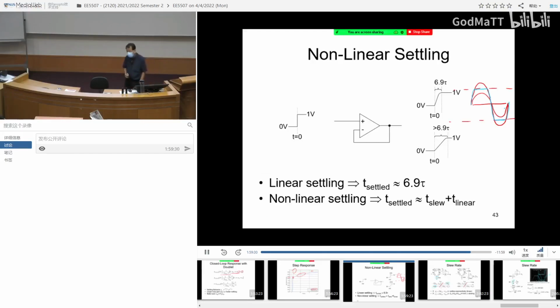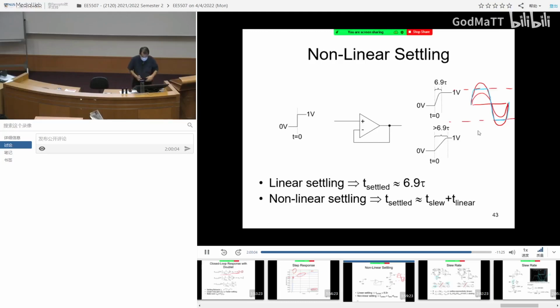This is non-linear behavior, am I right? The voltage gets clipped. In a similar manner, your current is no longer what you want. Your current gets clipped. When you change the voltage so much, the current has already reached its maximum and is saturated. That clipping behavior results in this system becoming nonlinear. So any settling behavior that comes from this nonlinear system is called nonlinear settling behavior.